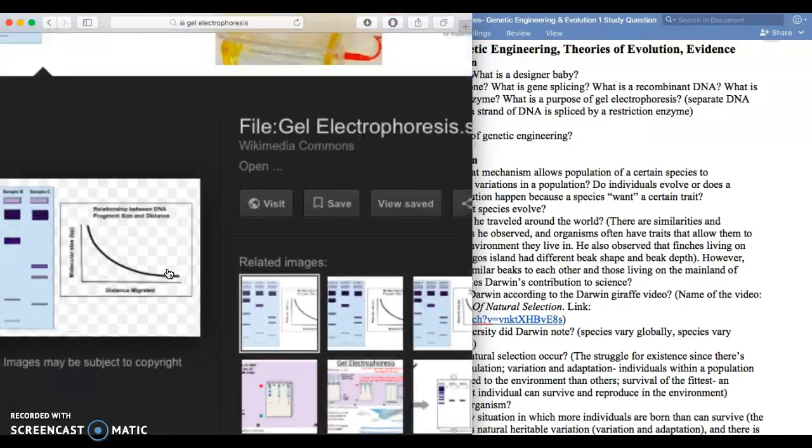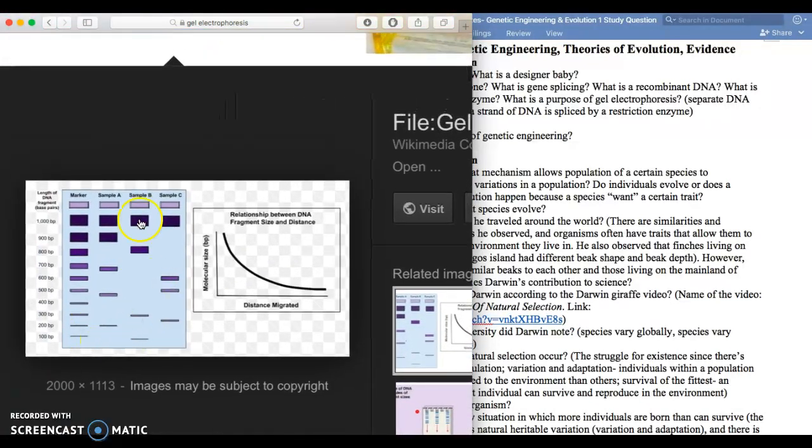If you have a piece of DNA that's smaller in size, it's going to travel from the top to the bottom faster. And if you have a bigger piece of DNA, it's going to travel slower. So you'll have a band up top.